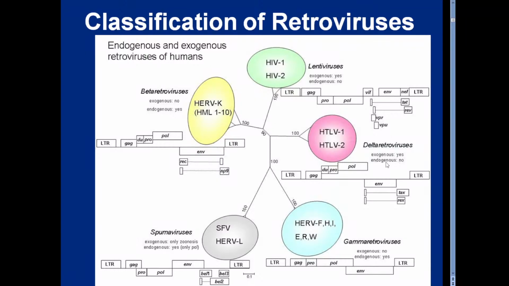On this slide is presented the classification, endogenous and exogenous retroviruses. That is lentiviruses, and also the group of delta viruses, gamma retroviruses, spumaviruses, and beta retroviruses.